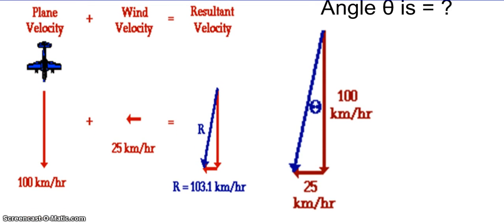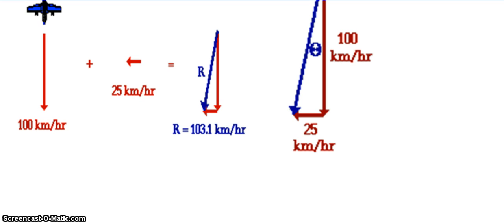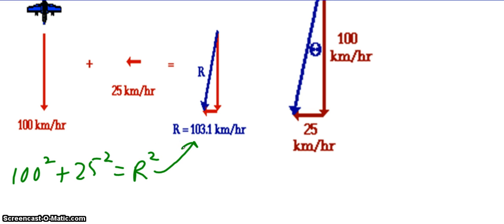So if they're perpendicular to each other, so if the plane is flying in this direction at 100 kilometers an hour, and the wind is going west at 25 kilometers an hour, the plane is going south, then we have a resultant vector that is going to be 103.1 kilometers per hour, and we get that just by doing the Pythagorean theorem, where we know 100 squared plus 25 squared equals r squared, and so that leads to this r value.